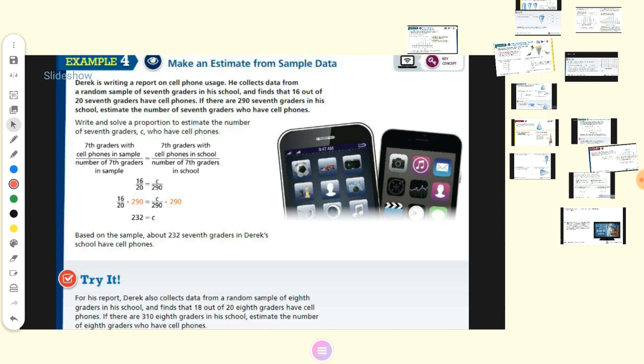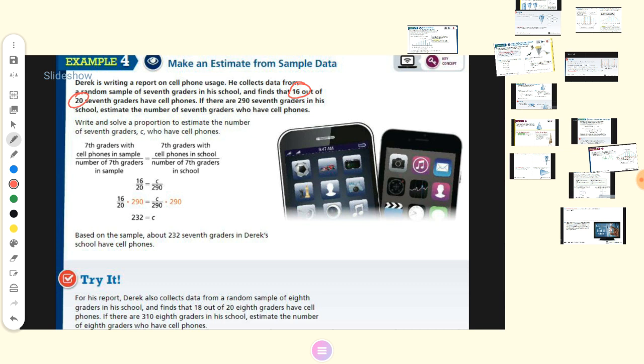He collects data from a random sample of 7th graders in his school and finds that 16 out of 20 of 7th graders have a cell phone.